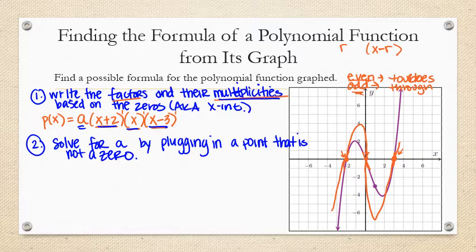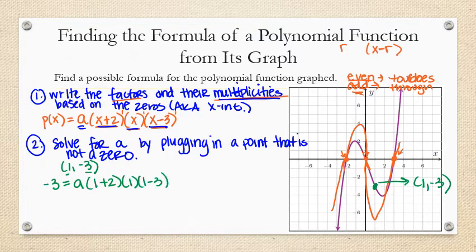In this case, they gave us a point, this point right here, which is 1, -3. That means that when I plug 1 in for x, this function is going to spit out -3. I can use that fact to solve for a.